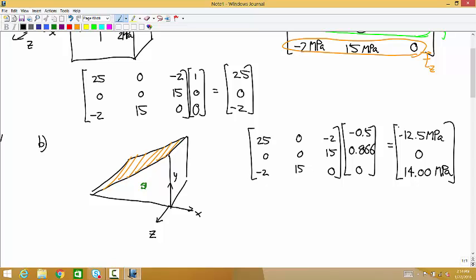And so, I said all the points inside this shape have that same stress tensor. That doesn't even have to be the case. It's just all the points along this surface have this stress tensor. Then that means the traction vector at every point on that surface is this.